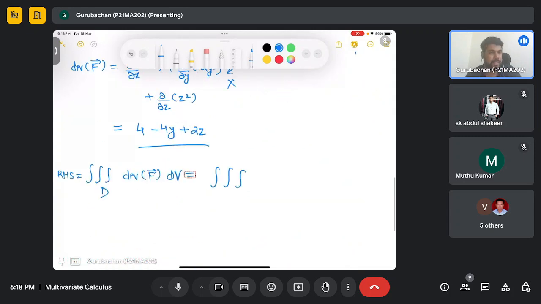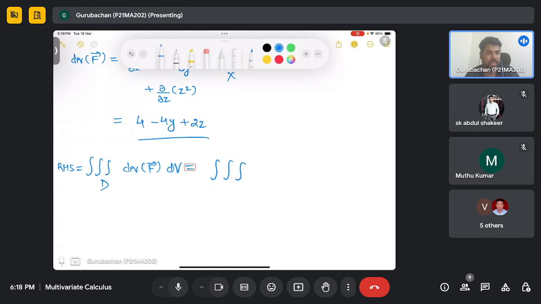So can I change directly into polar coordinates, if everybody has agreed to this? I am changing r from 0 to 2 and theta from 0 to 2 pi, and z will vary from 0 to 3.